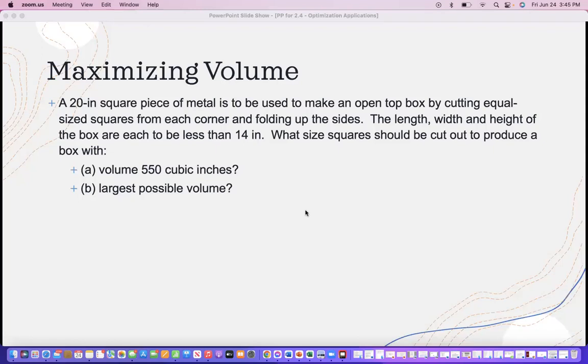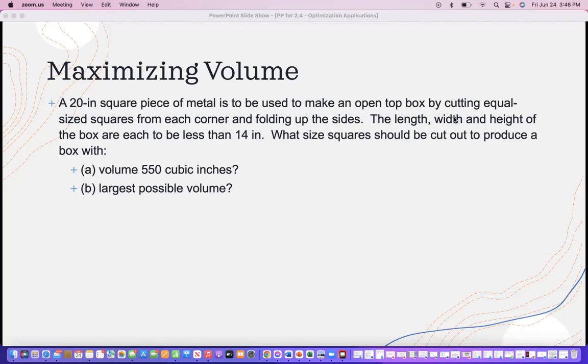Let's take a look at another problem. Here we're going to try to maximize volume, which volume is the space, like three-dimensional space within a three-dimensional object. So we're told a 20-inch square piece of metal is being used to make an open box top by cutting equal size squares from each corner and folding up the sides.